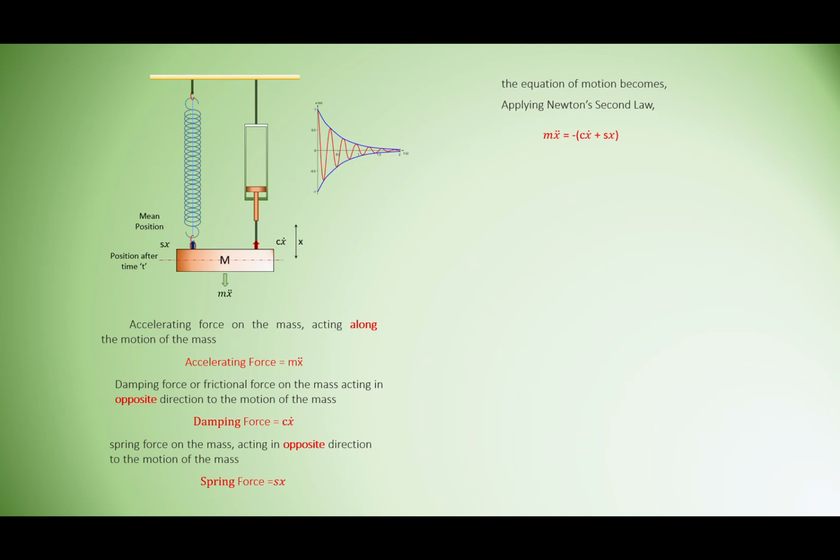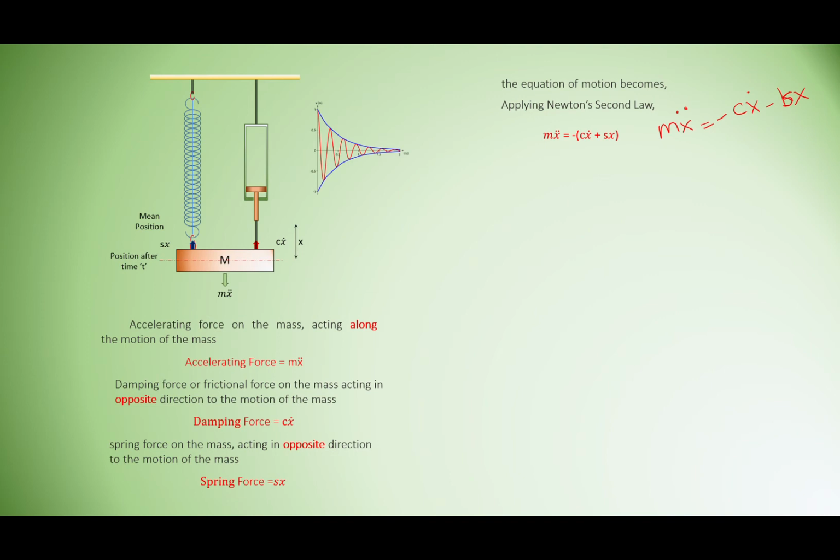So it is written as m, the mass, times the acceleration, equals the negative damping force, minus the restoring force of the spring, Sx.